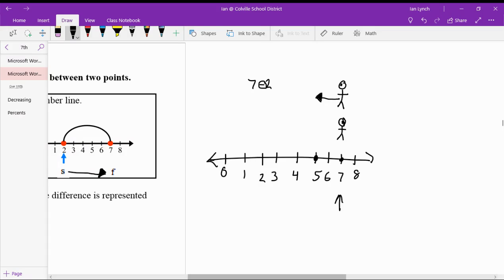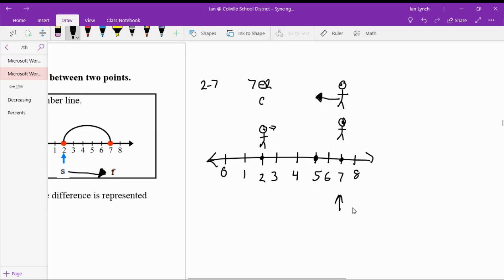Now let's think about this in the case where we start at 2 and we're subtracting 7. So we start out looking to the right, in the positive direction. And then it's 2 minus 7.